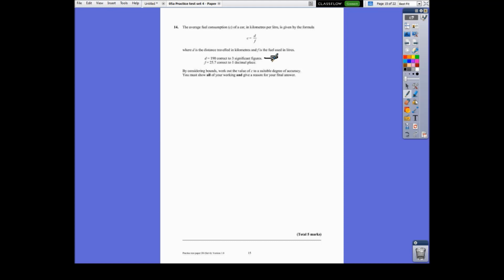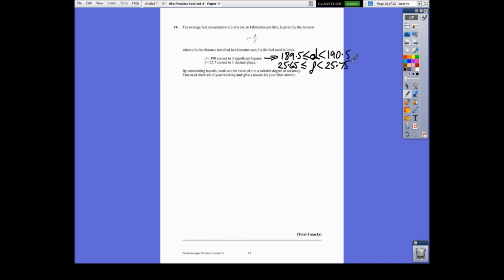So D could be anywhere from 189.5 to 190.5. 25.7 is to 1 decimal place. So that can be anywhere from 25.65 up to 25.75.